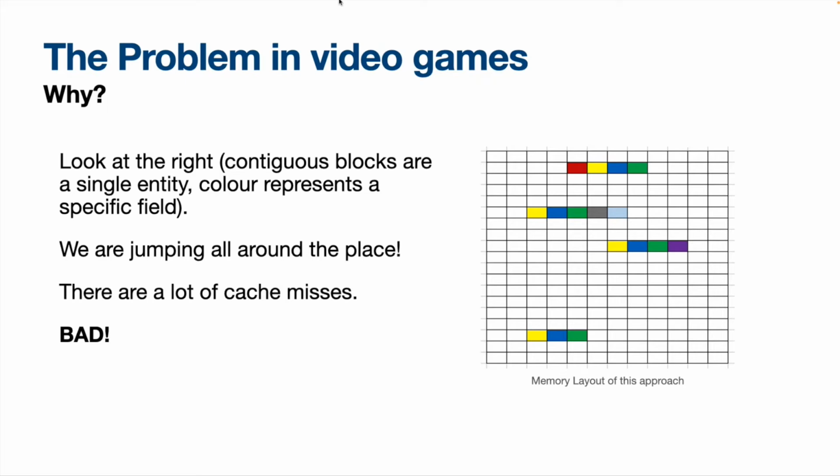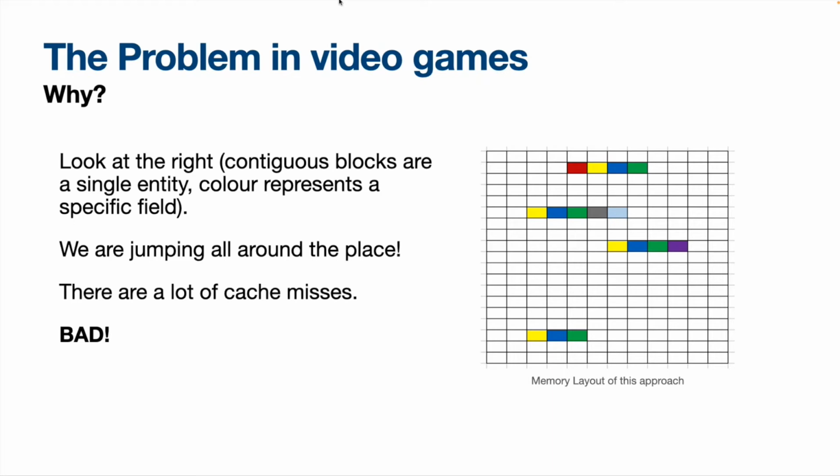For example, yellow may be, I don't know, the hit points. Red is a temporary status that is actually available just on one entity. And if you look at it, especially for the second approach, we need to process the yellow block every time. We are jumping everywhere. Jumping everywhere, cache miss, bad.